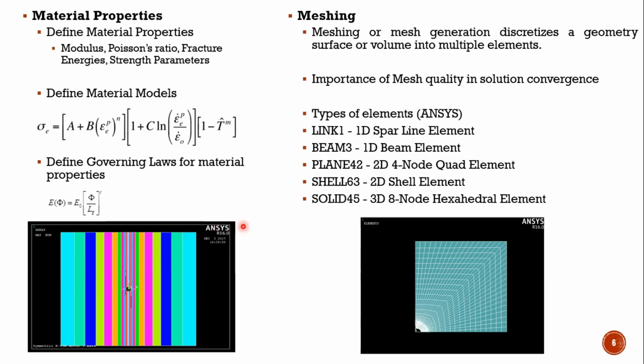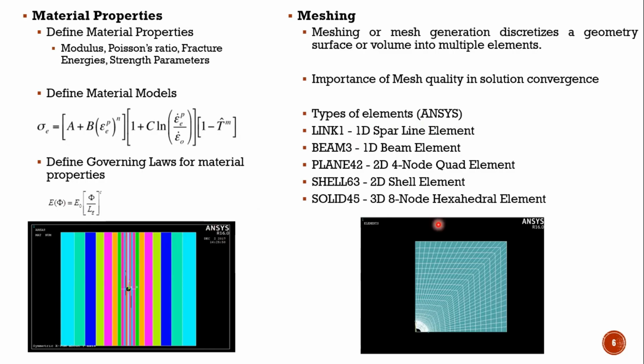And then comes the meshing. Once our geometry and material properties are ready, we go for discretizing our entire geometry into smaller elements. Here we create nodal points on the outer circumference of this geometry.